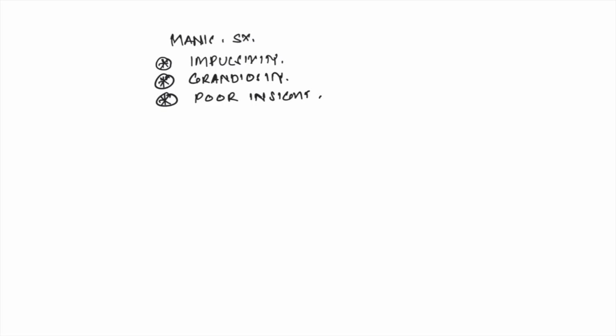So let's talk about what's the neural basis for all these symptoms. Now, before we talk about that, let's talk a little bit about the default mode network. And Dr. Mangarian already talked about the default mode network during our depression topic. So the default mode network, the main node that is involved is the medial prefrontal cortex.